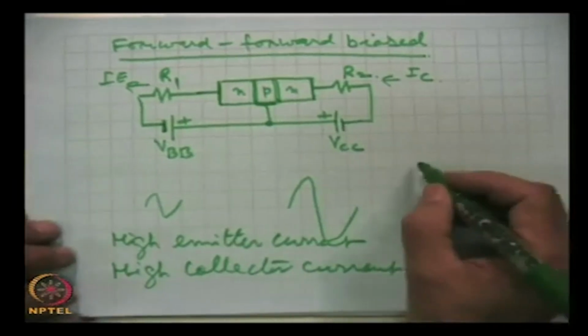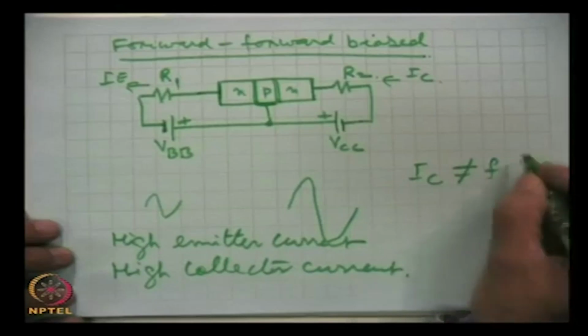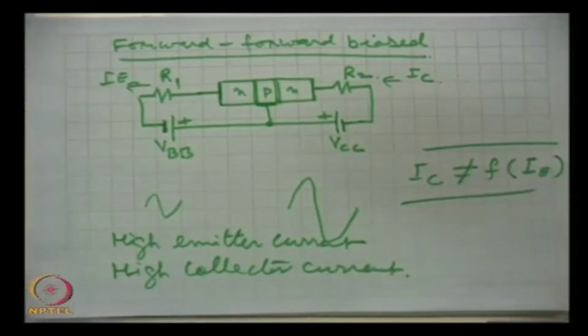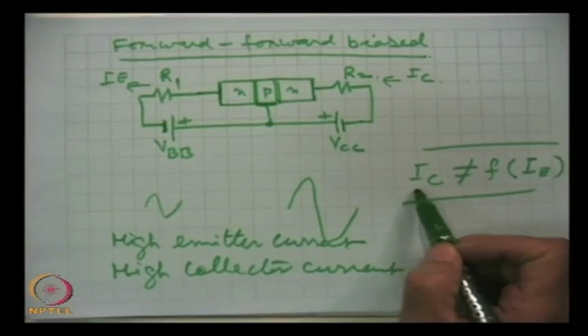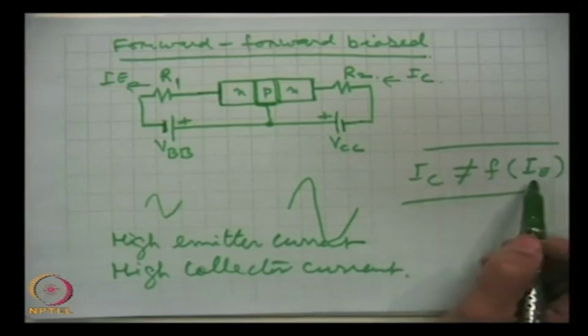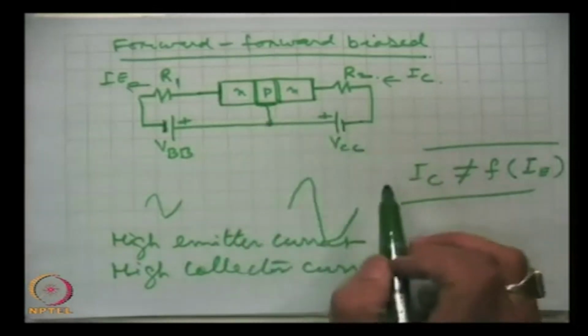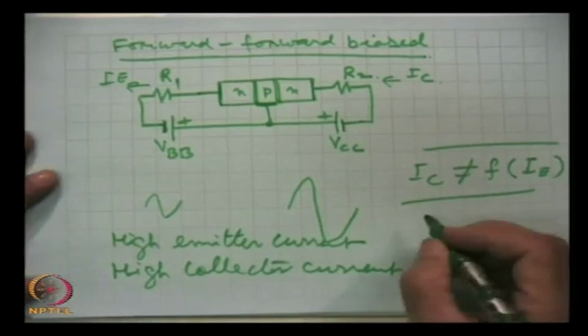So, IC is not a function of the input current IE. This is very important for this case. Since the collector current is not a function of the input current, this arrangement cannot work as an amplifier.